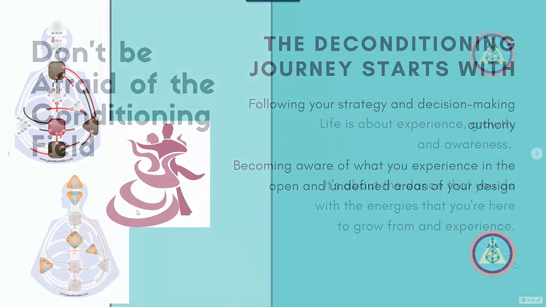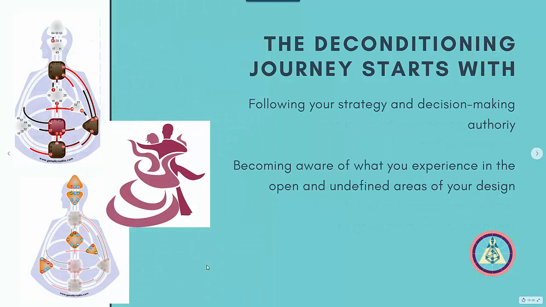We use the analogy of the dance partner as a way to understand where you are within the dance of life. Even if you're not the one who's leading, you still have to be that strong partner that can be led. So if you think of the conditioning field, if you think of how your magnetic monopole pulls you through life, this is not a passive endeavor.